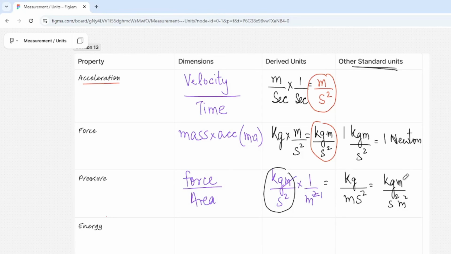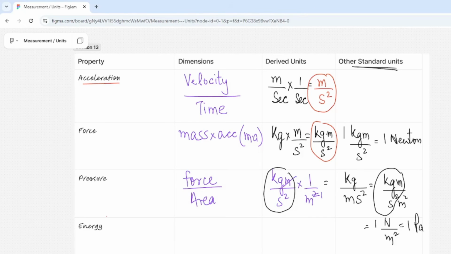Now this kg meter per second square is your Newton. So you can write this as Newton per meter square. Newton per meter square. And for this we have named one more unit. 1 Newton per meter square is known as 1 Pascal.